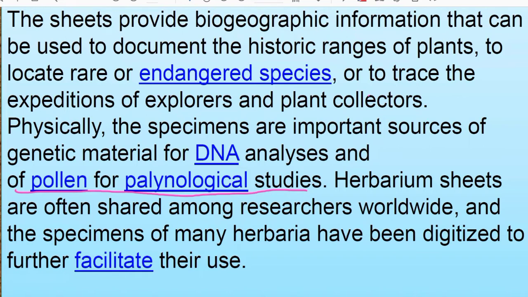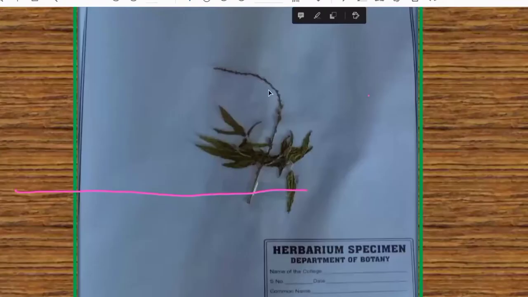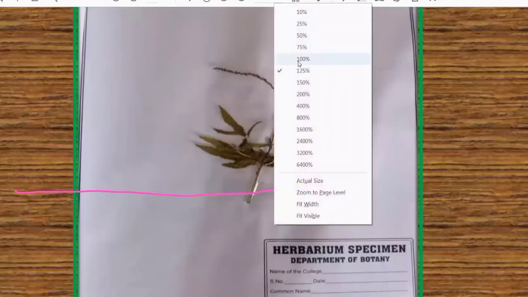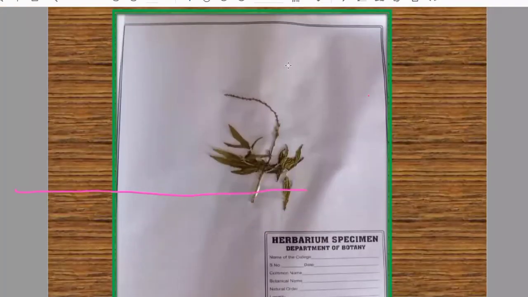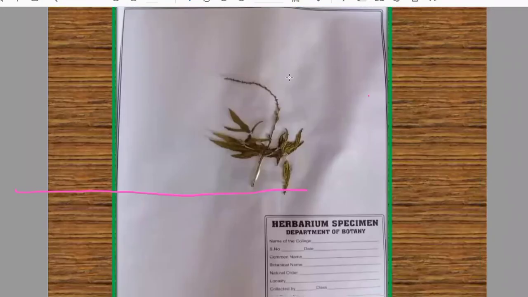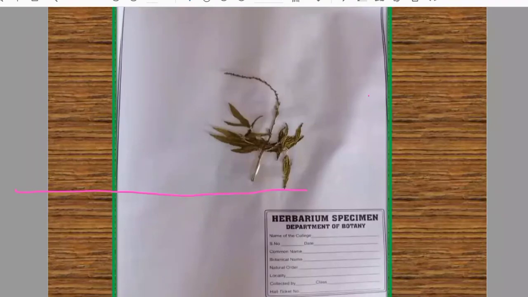So here I will show you the sheet. This is the herbarium sheet. Like this is the model of a herbarium sheet, and in intermediate you have nearly 15 sheets and 15 plants. You have to keep the plant on the sheet and prepare a herbarium, and also write regarding that plant: your college, serial number of that plant, date, common name, botanical name, natural order, locality, collected by, and hall ticket number and class.